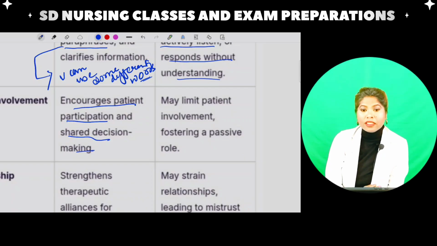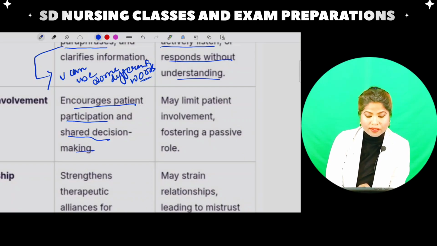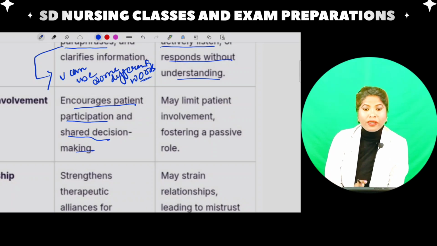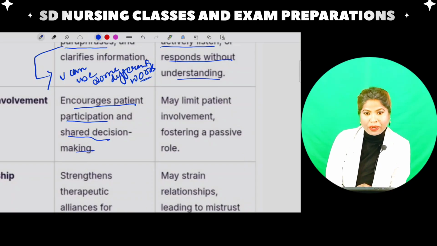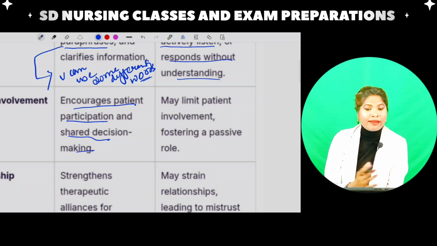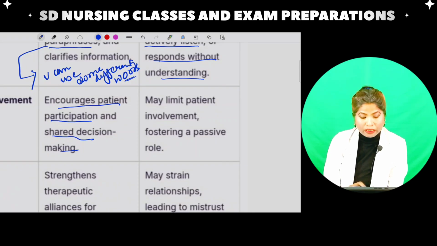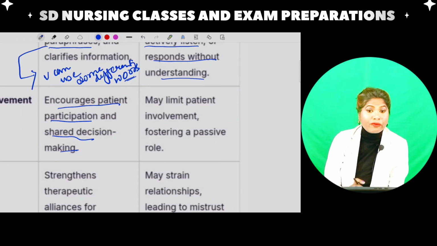You are encouraging the patient to participate in any task you make for the patient, and to share decisions. You can ask, what is your opinion about yourself. Like that, you are freely giving freedom to the patient to talk to you, to share his decision. So you are showing everything very positively to the patient.